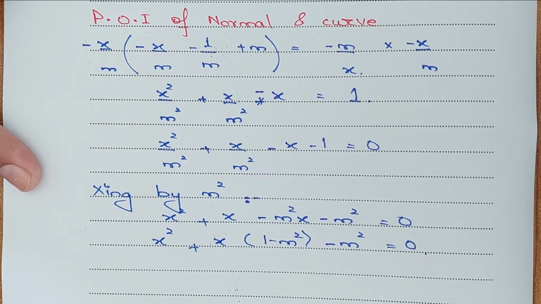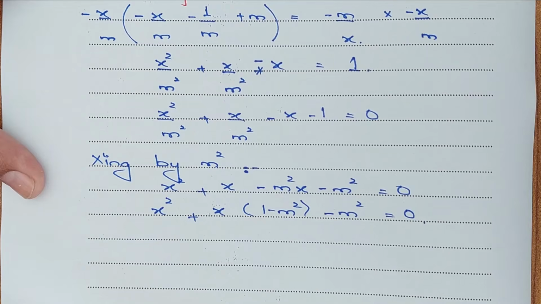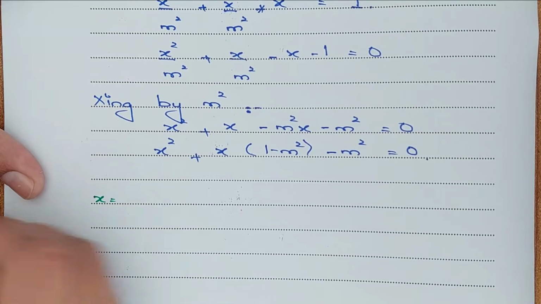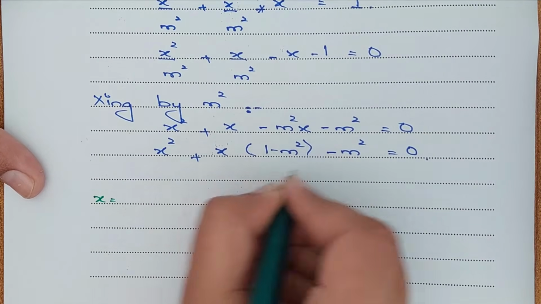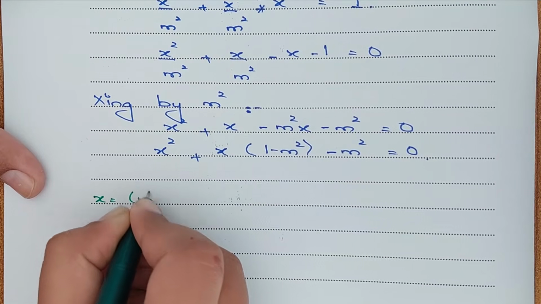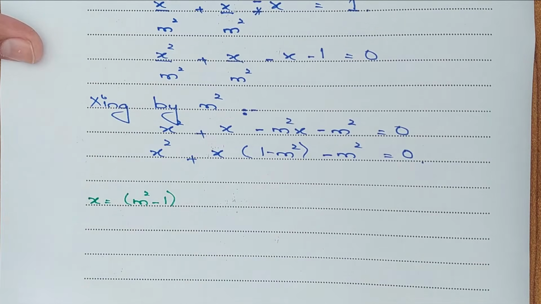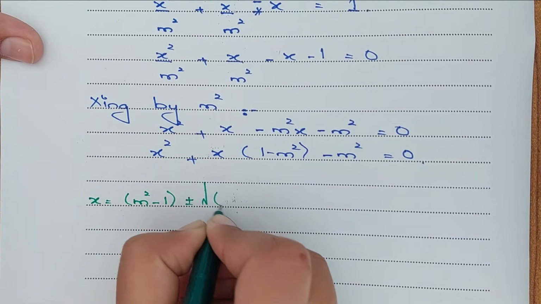So this looks like a quadratic equation in the variable x. So we have to find the roots. Let me apply the quadratic formula over here. So x equals negative b. The b value is this. So if we take the negative of this, we have m squared minus 1, right? Plus or minus the square root of b squared.